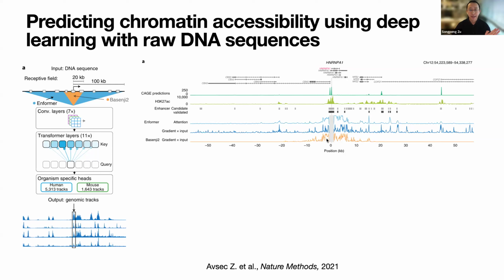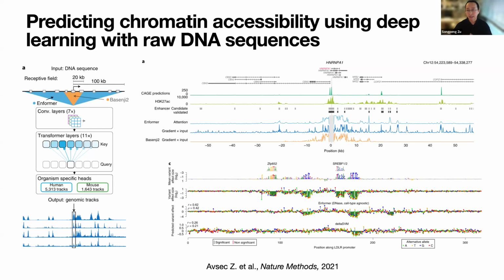In their model, they can calculate the importance of each base pair for the activity of this particular gene. You can see the high score parts corresponding to the major regions that are more important for the prediction of the gene expression for this particular gene, and you can see that the overlapping part is indeed the corresponding enhancer state.